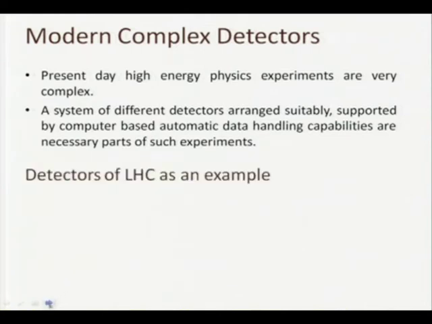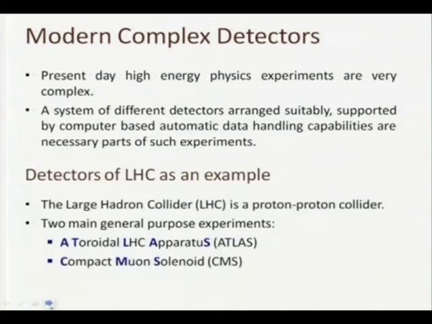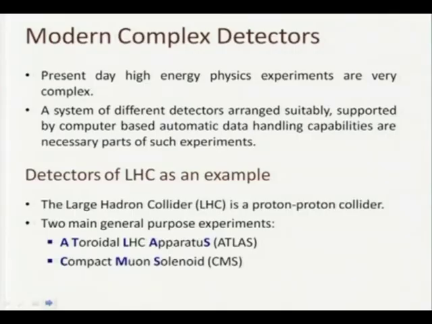As an example, we can think about the detectors of the LHC. When we discussed the accelerators, the LHC, Large Hadron Collider, we mentioned that there are two general purpose experiments. One is called ATLAS, which stands for A Toroidal LHC Apparatus, and another called Compact Muon Solenoid. There are two other systems also, ALICE and LHC-B.